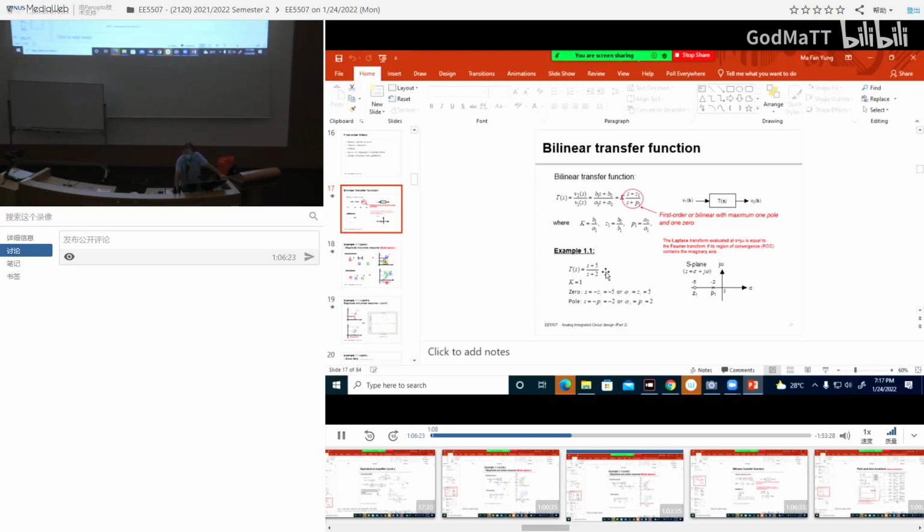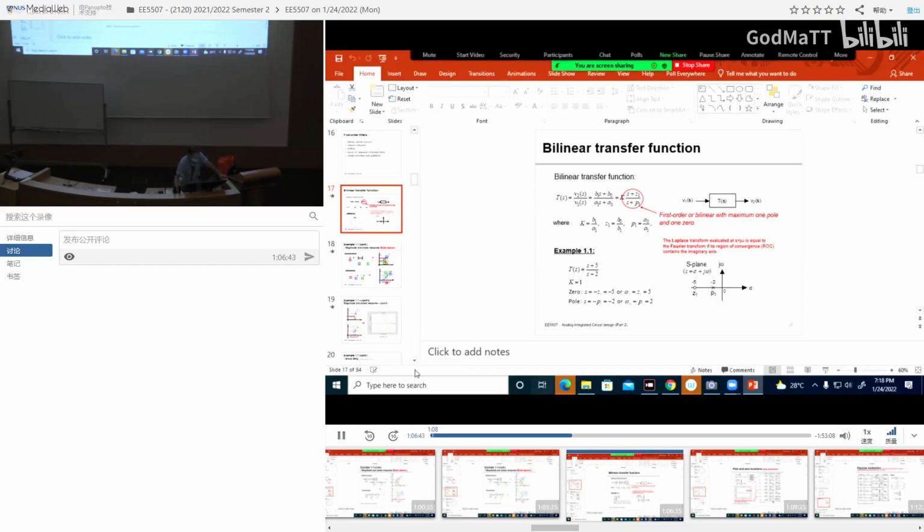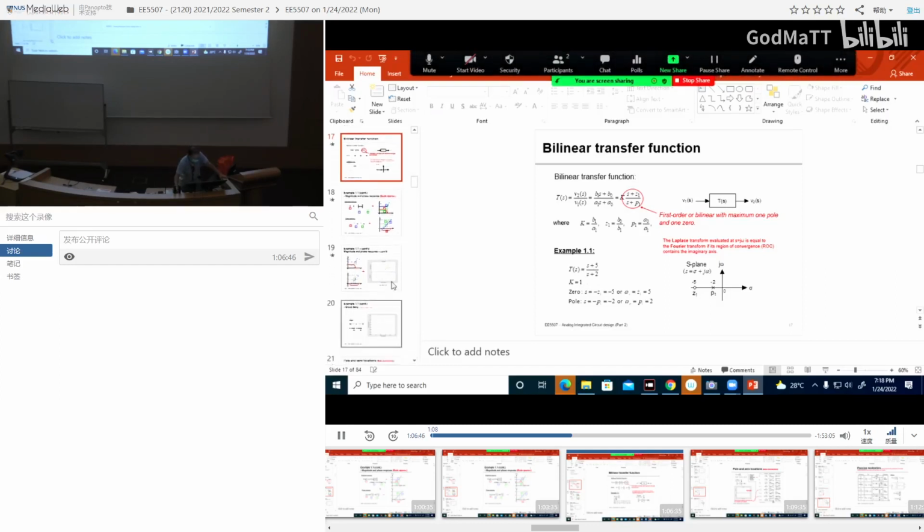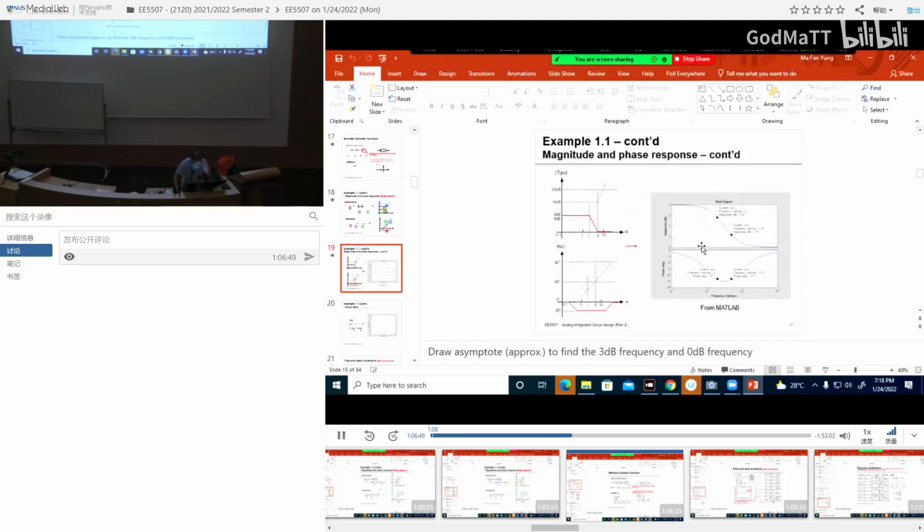What is the value of this transfer function at DC? S equals 0. DC is 2.5. Okay, 2.5. So this will be 2.5, and in dB, I expect 20 log 2.5 to be equal to 8 dB.